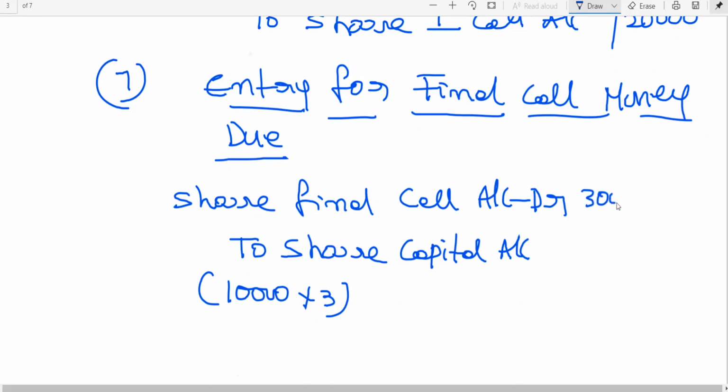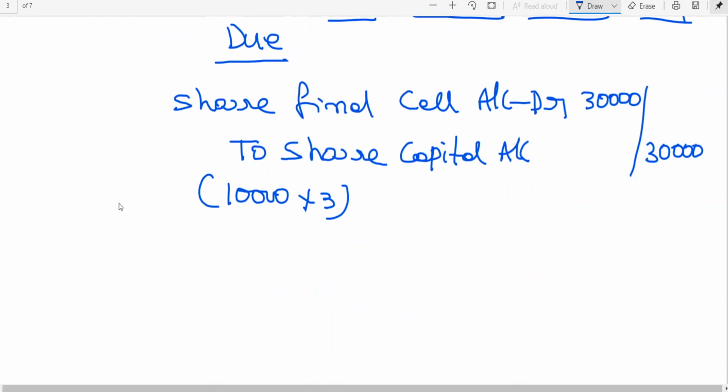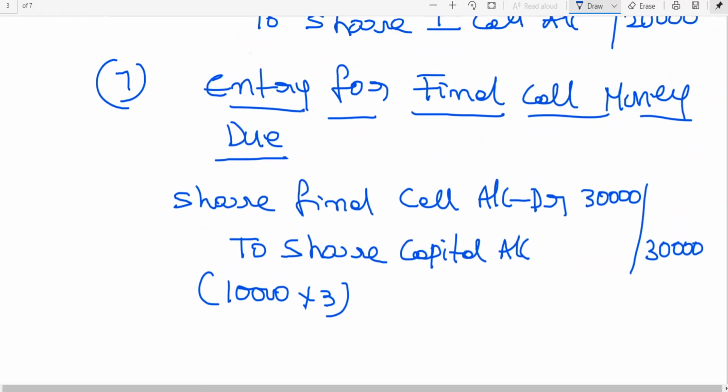It is coming to 30,000 rupees. Share final call account debtor to share capital 30,000 rupees. Narration, you know the narration already given. Entry for final call money due.